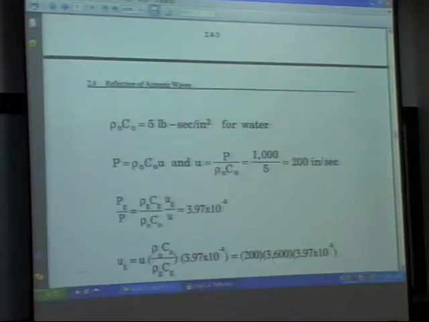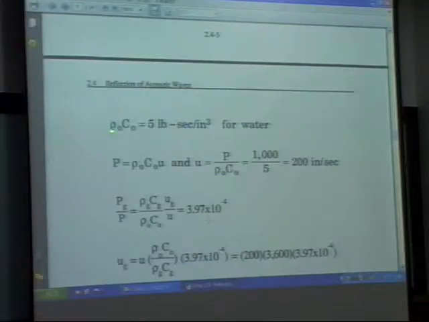Make a note on rho naught, C naught. It's good for design purposes. 5 pound, not mass, this is pound force, okay? Pound force second per inch cube. Or you can just use the C naught.